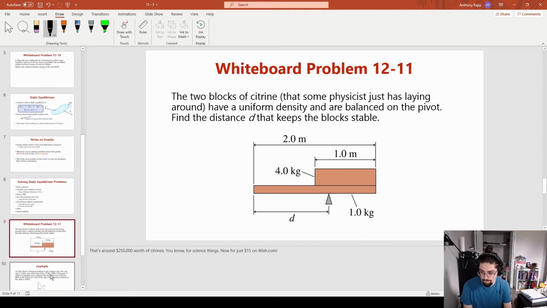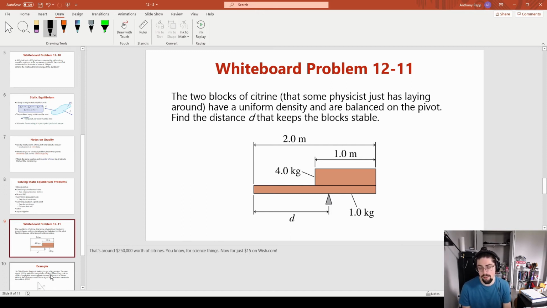Let's imagine I have 2 blocks of citrine, which is a very beautiful, precious gem. Or I think it's a semi-precious, technically. But that's pedantics more than anything. They have a uniform density and are balanced on the pivot. Where do I have to put that pivot?